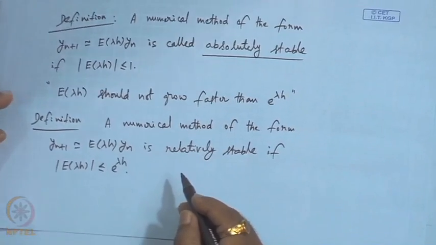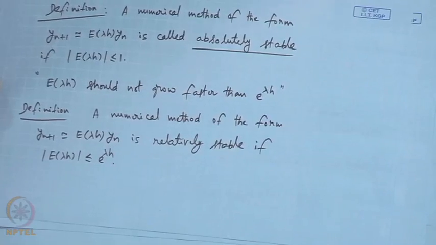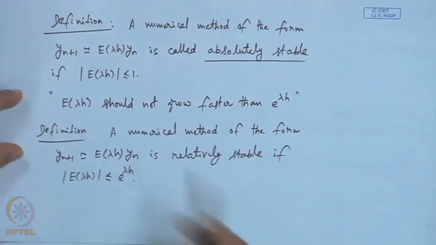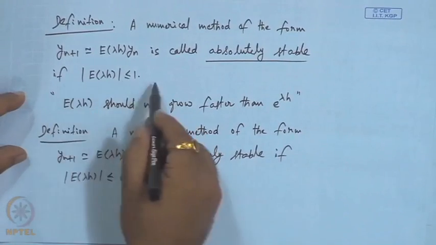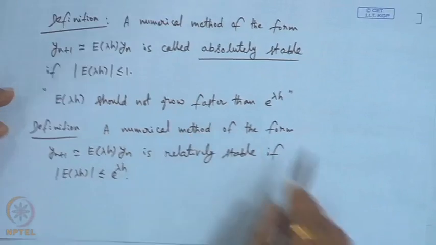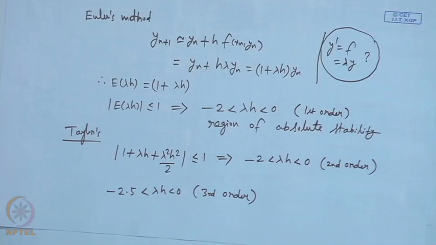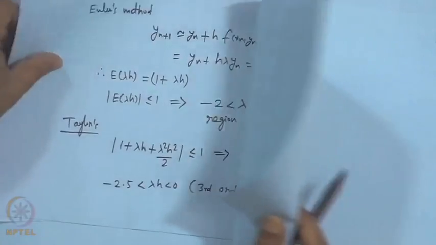Okay. So, let us take one of the RK methods and try to estimate the condition for absolute stability. So, for example, we take Heun's method.